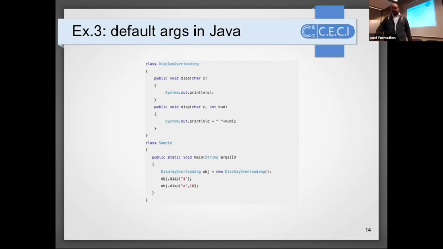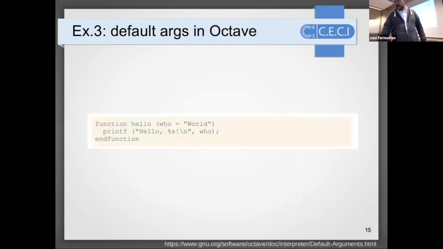It's called overloading in that language. And this is how you do it in Octave. Simply you have one function definition, but if you write it like this, the argument will have the default value if none is specified when you call the function. Okay, so again, these examples are a bit extreme and not totally fair, but it's to illustrate the point.